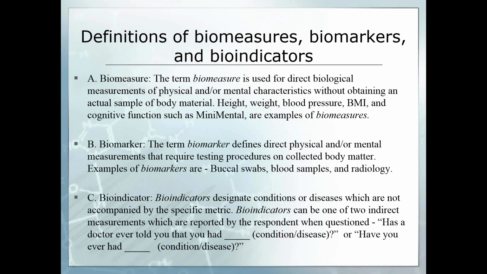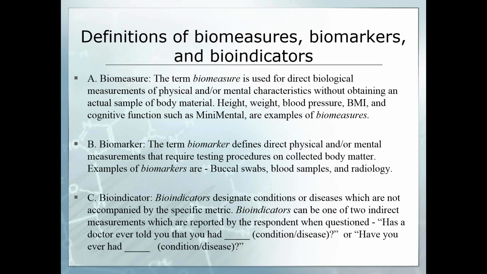A biomarker, in contrast, defines a direct physical or mental measurement that requires testing procedures or the collection of body matter. Buccal swabs, blood samples, radiology, we would think of these as biomarkers. And then finally, we have a special measure that's unique to secondary data, bioindicators.